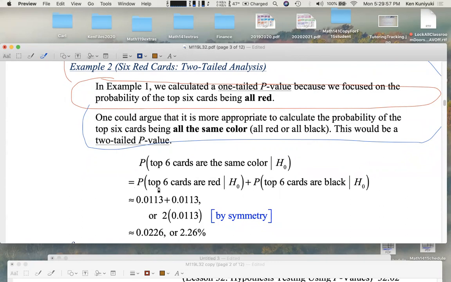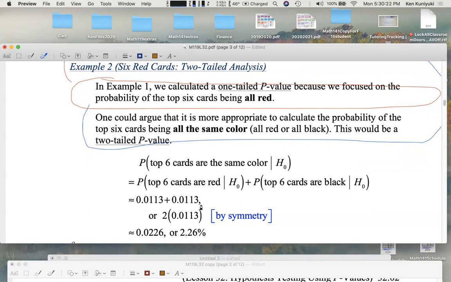Well, we take the probability that the first six cards out of six are red, given the null. That was 0.0113, 1.13%, roughly. And we add to that the probability that the first six cards are black. Because of the symmetry between the red cards and the black cards, it's the same probability.